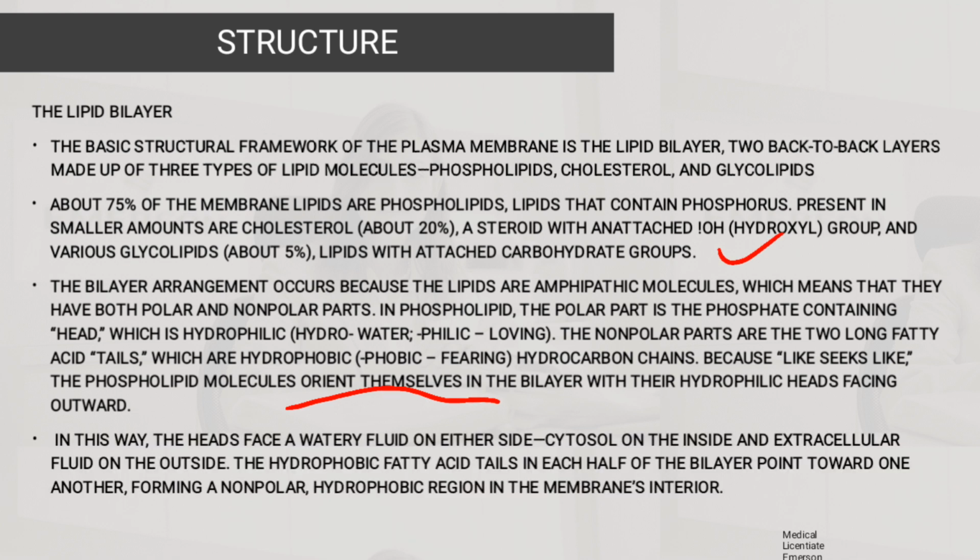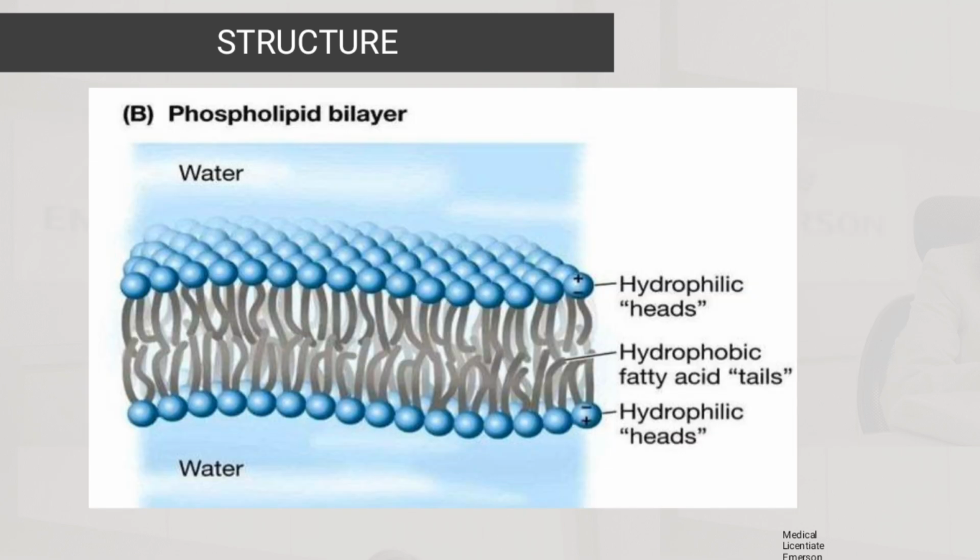In this way, the heads face a watery fluid on either side, the cytosol on the inside and the extracellular fluid on the outside, and the hydrophobic fatty acid tails in each half of the bilayer point toward one another, forming a non-polar hydrophobic region in the membrane's interior. So that's the fluid mosaic model.